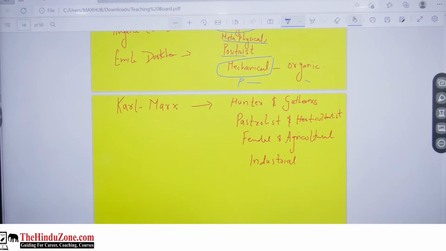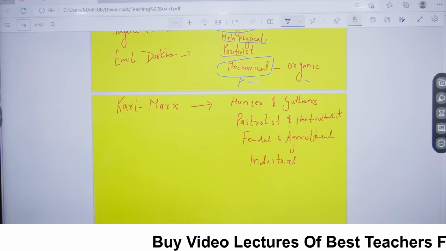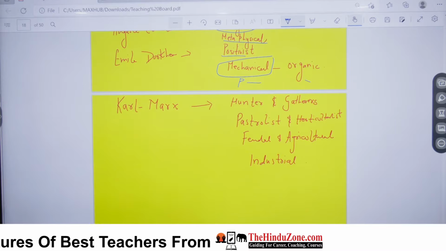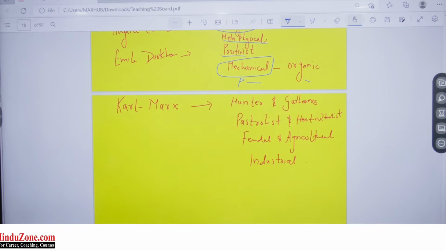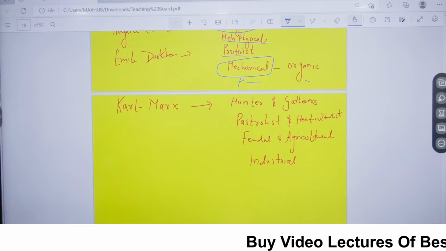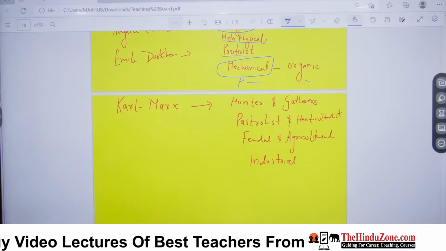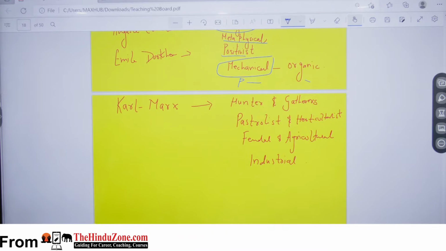To analyze present social facts, it is essential to look into historical facts. Then give the example of Karl Marx.